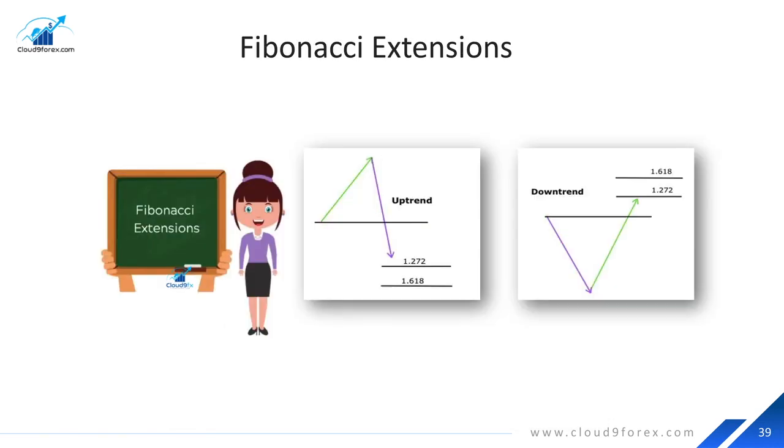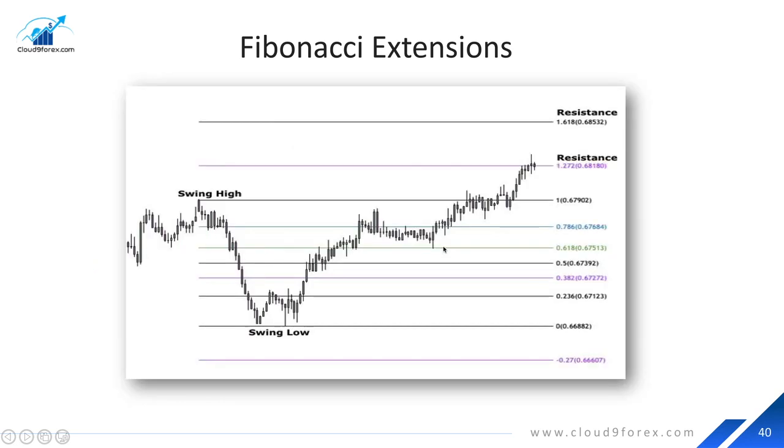So Fibonacci extensions. These are when it goes past the 0% or the 100 in a downtrend. So swing high to swing low. So 0%, 100% at the top.